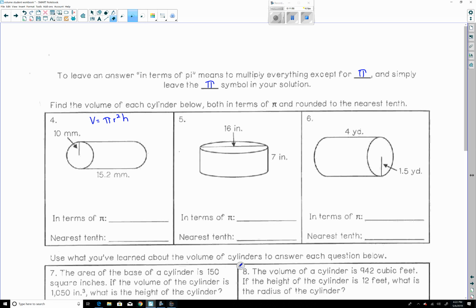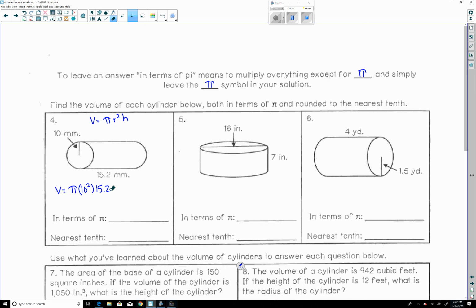So I'll have volume equals pi. Instead of r, I'm going to say 10 squared times the height, which is 15.2 millimeters. If I'm leaving that in terms of pi, the only thing that I'm going to multiply together is 10 squared and 15.2.